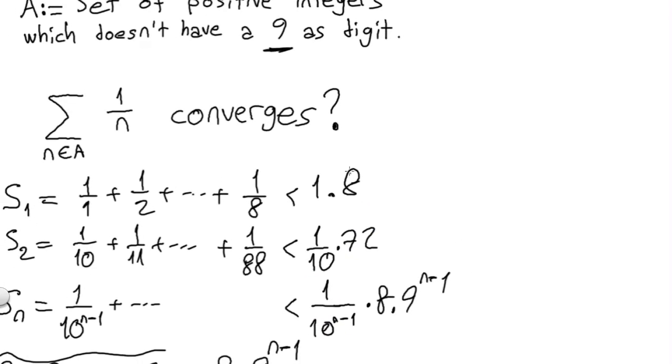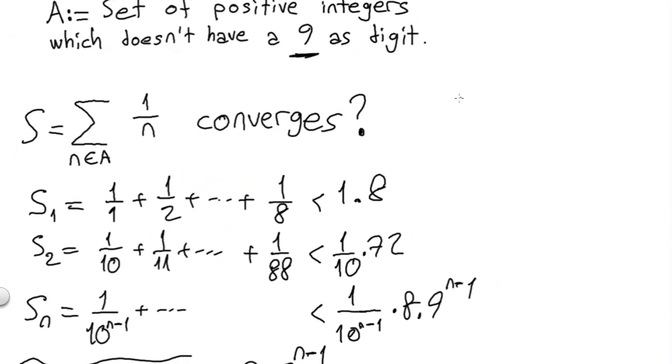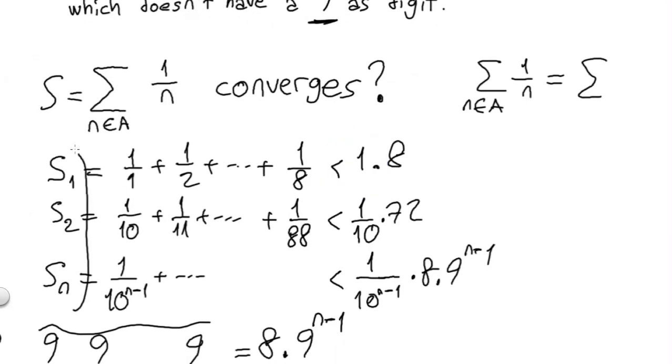Also, a note here: if this thing is convergent, well, I don't know if it is, but this would be the same as, let's say, the sum over n of 1 over n. So this is actually the same as adding all of these up.